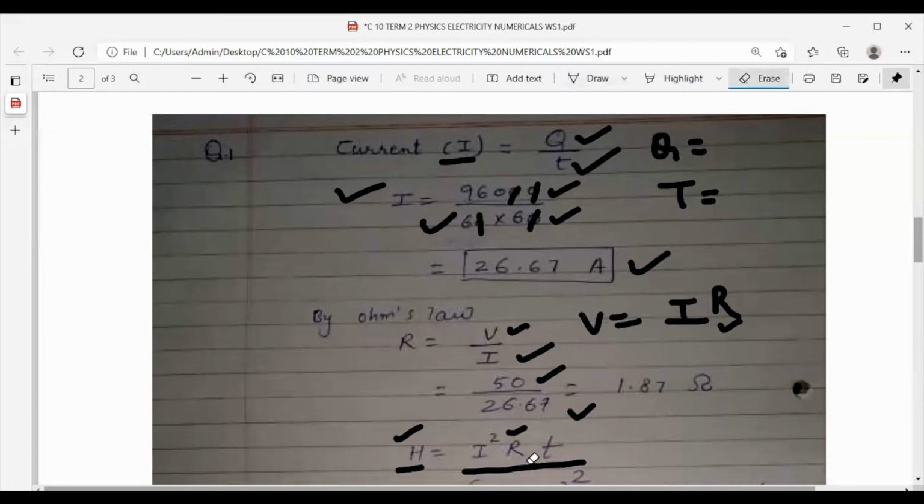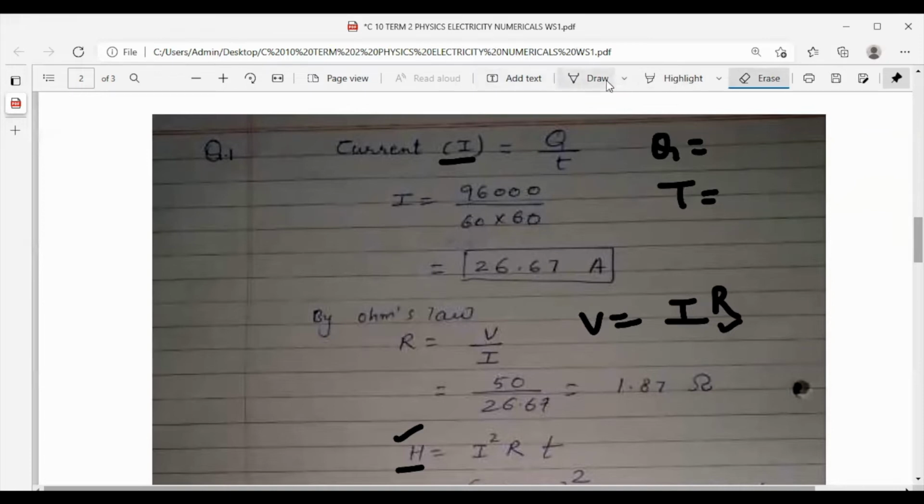With smart multiplication methods, you can find the value of R. So this will become 50 upon 26.67, equal to 1.87 ohm. Always remember resistance is given by this sign and its unit is ohm.